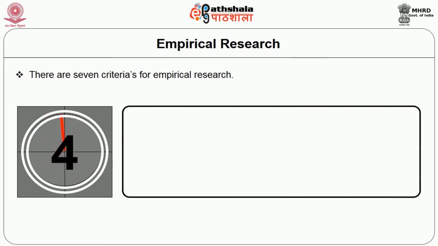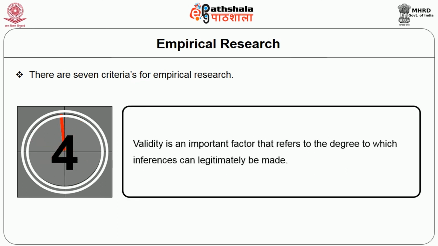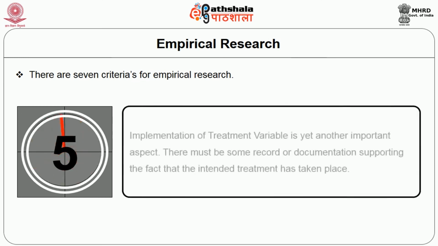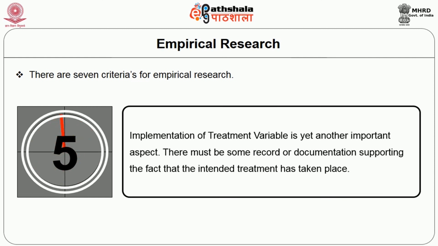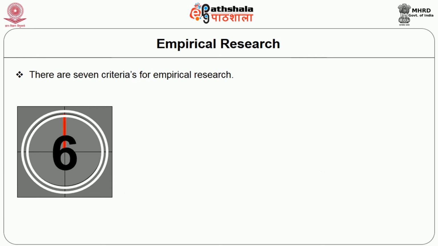The fourth, validity is an important factor that refers to the degree to which inferences can legitimately be made. Number 5, implementation of treatment variable is yet another important aspect. There must be some record or documentation supporting the fact that the intended treatment has taken place.